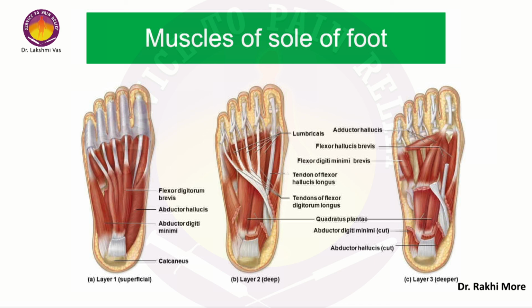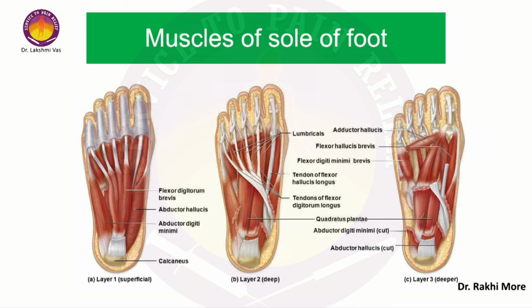Now all these muscles take origin from the calcaneum, from the heel, and they go anteriorly and get inserted on the lateral and the medial aspects of the great toe and the last toe, that is the little toe, and help in the abduction of the great toe and the little toe. The next layer is the layer of the tendons of the flexor digitorum longus, where the attachment of the lumbricals can be seen, and attached to it is the quadrate plantae muscle.